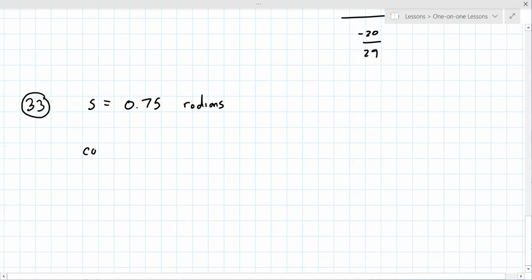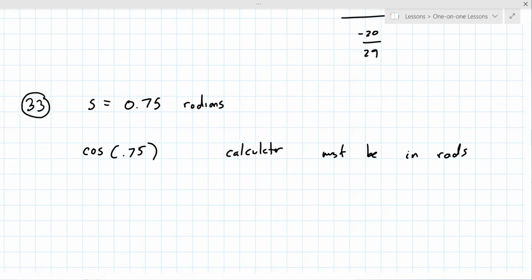So you're supposed to calculate the cosine of 0.75, but your calculator must be in radians. There's an option to do that. I can find it if you don't see it on your calculator, but you have to check it every time.